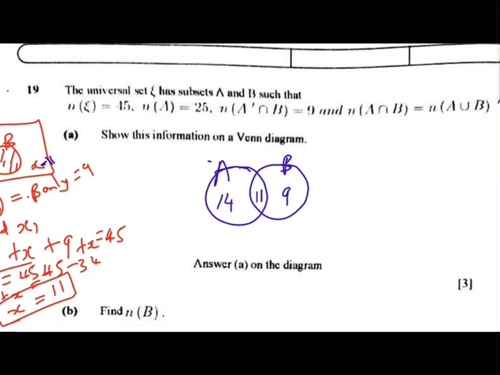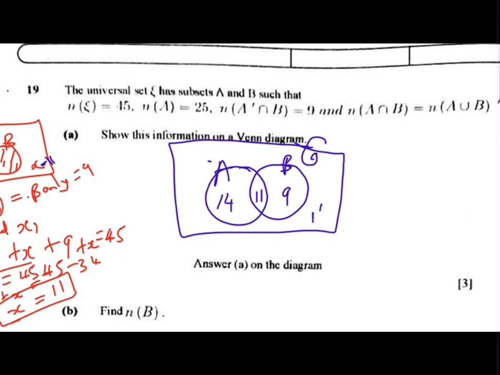Intersection is 11, and for B only it's 9. We already calculated it, and the number of elements outside of A and B is again 11. That is our representation of the Venn diagram.